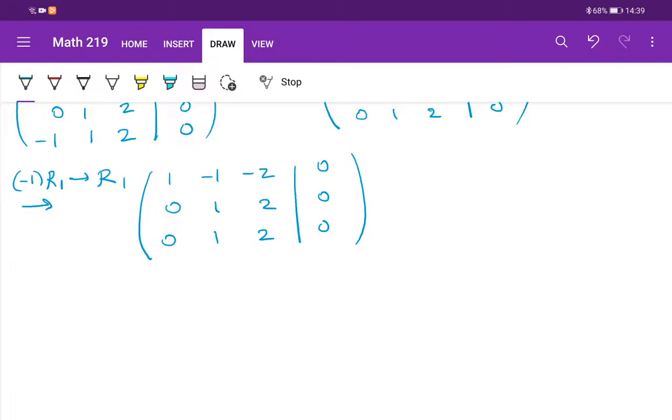Now we have a leading one in the first row. Below that are all zeros, and you have a leading one also in the second row, so that's also good in the 2-2 entry, and below that is a non-zero entry. So let's multiply the second row by minus 1 and add it to the third row.